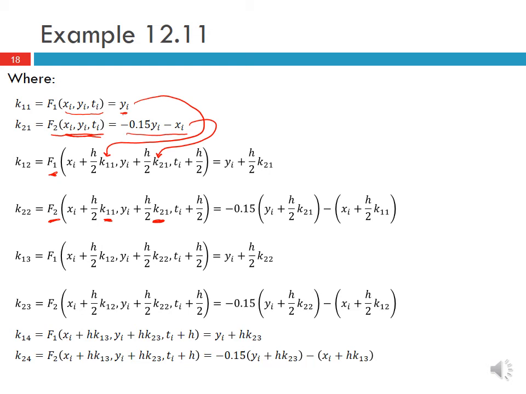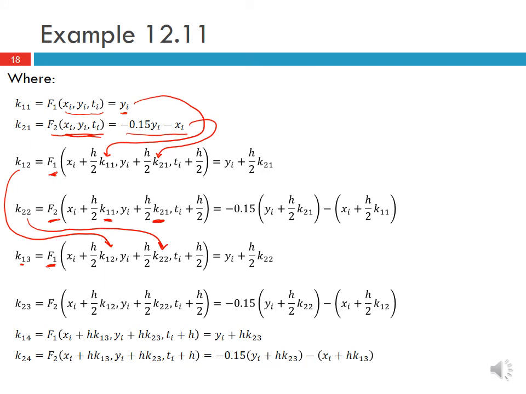Now k13 is our first function, as you see the first subscript corresponds to the first function, evaluated at our next intermediate point, which is x_i plus h over 2 times k12, so this goes into here, and then y_i plus h over 2 k22, so this goes into here, plus t_i plus h over 2.